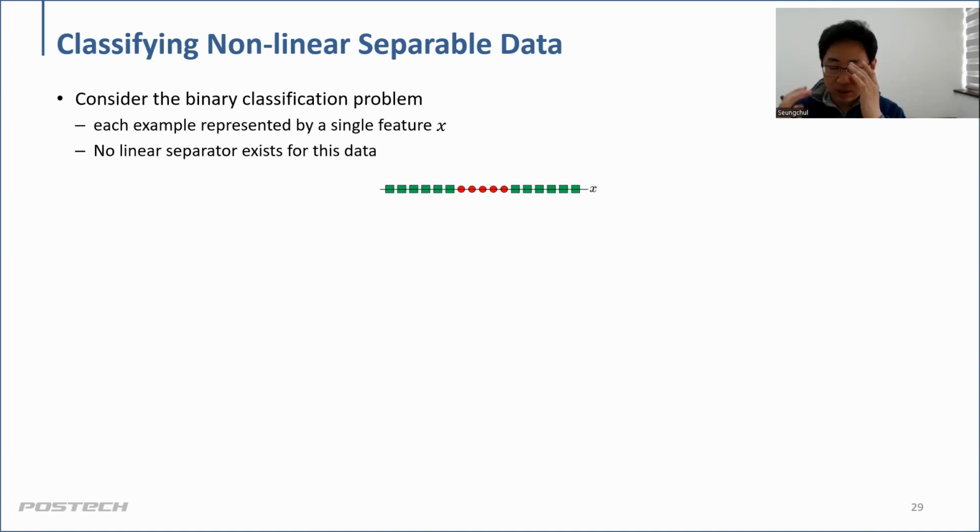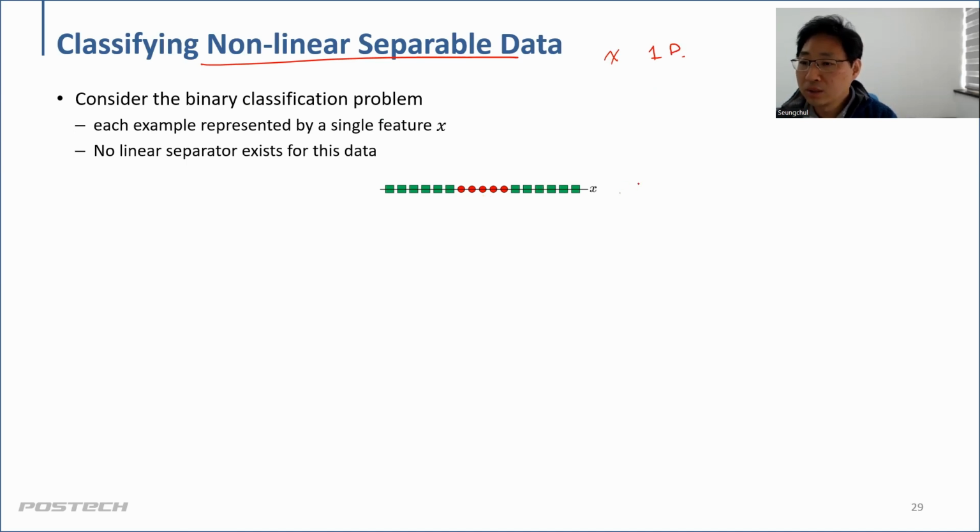Now it's time to ask: what about a nonlinearly separable data set? Then we have to think about a nonlinear classifier, a nonlinear classification boundary. Suppose we have this problem, where x is one-dimensional space.